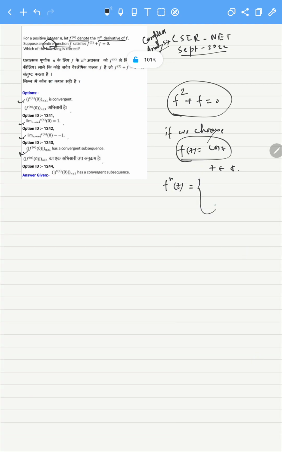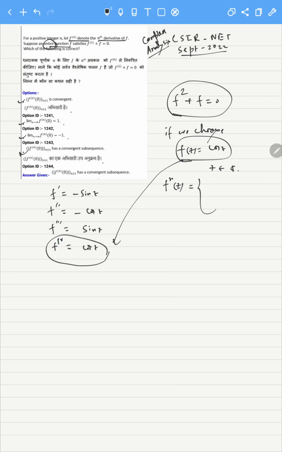We can observe that if we differentiate f one time, this will be minus sin z, two times, this will be minus cos z, third time, that will be sin z, fourth time, that will be cos z.